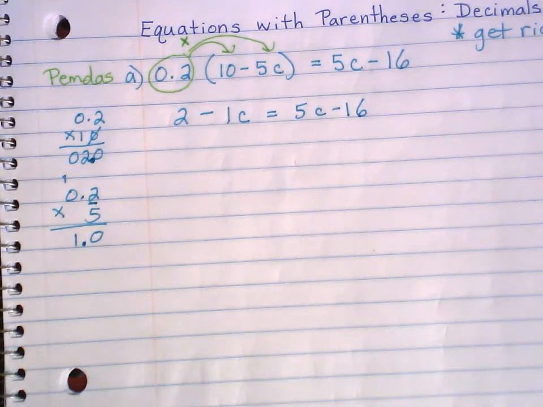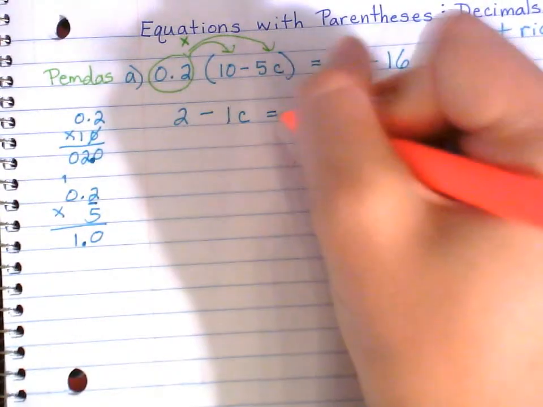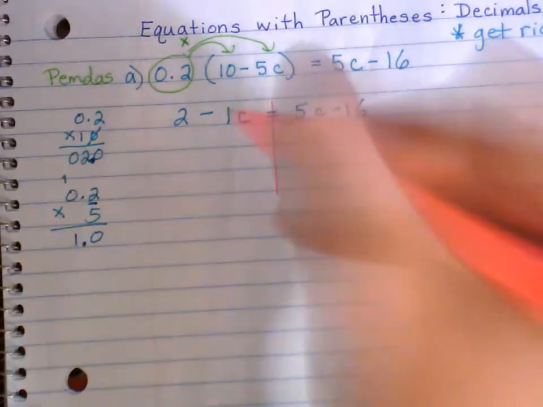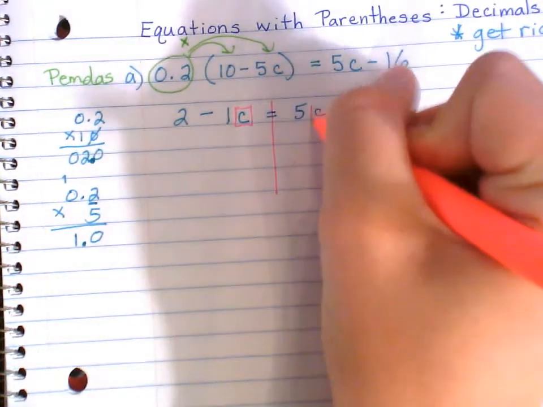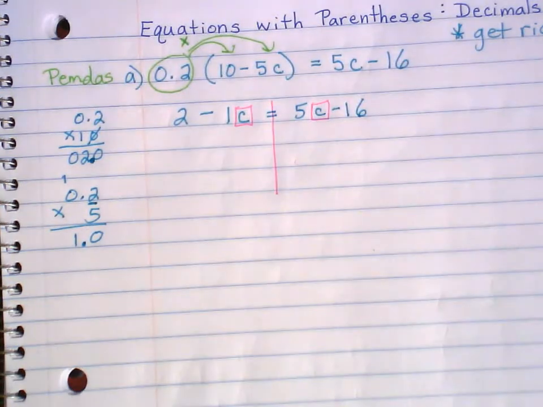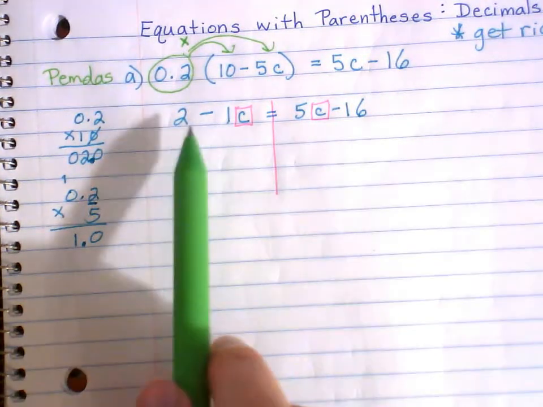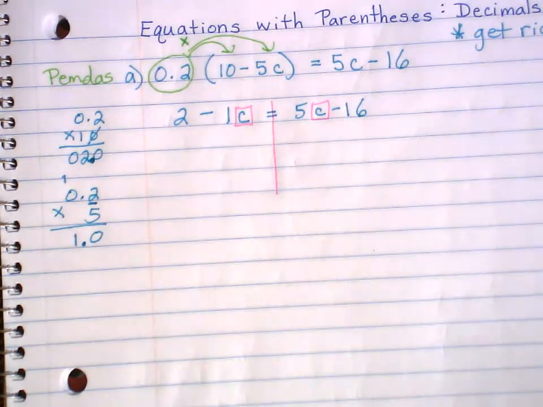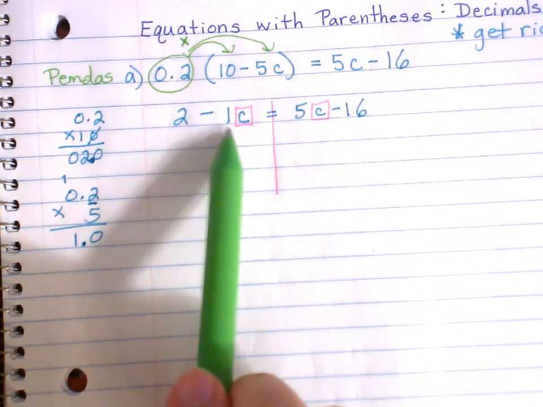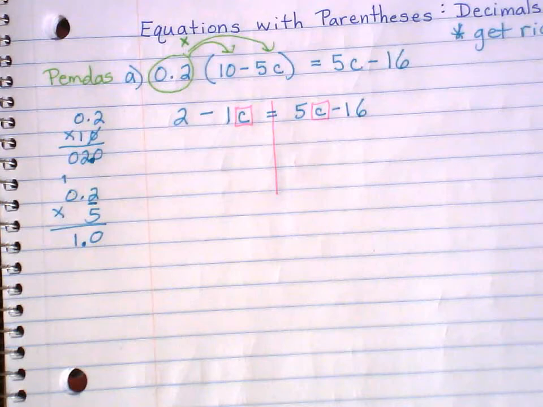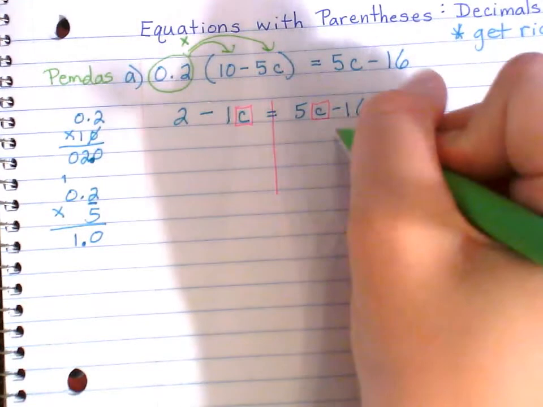Okay, and now it's just equations with variables on both sides, where you draw the line and box up our variable. And this is when you have to combine like terms. So get the constants on one side, the 2 and the negative 16, and get the variables, negative c and 5c on the other side. Doesn't matter which one you start with. So let's add the constants.